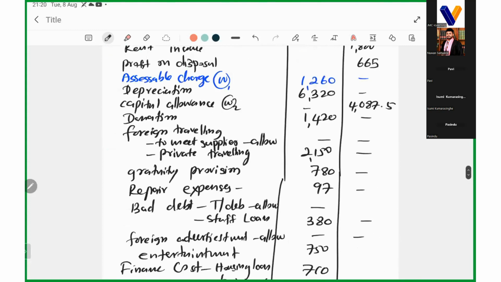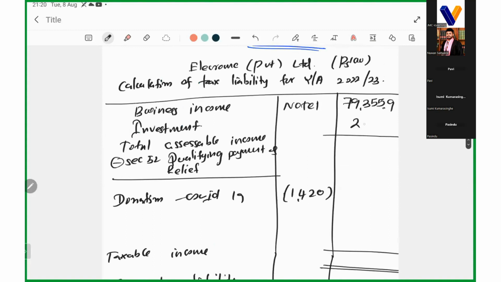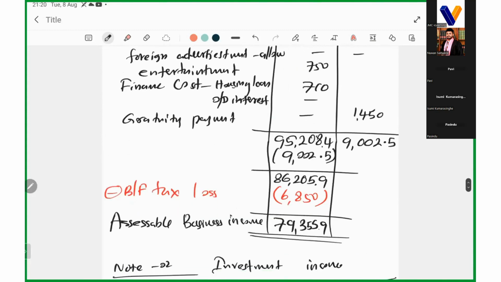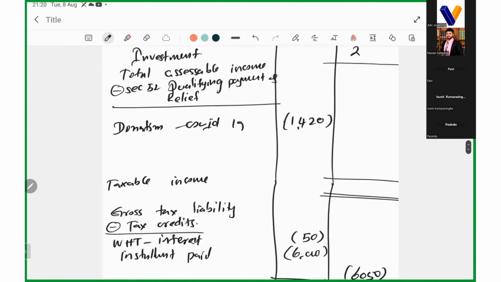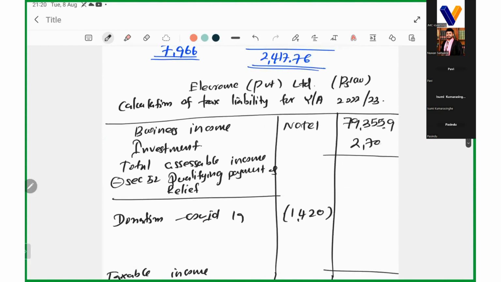Then the assessable investment income, 2,703.